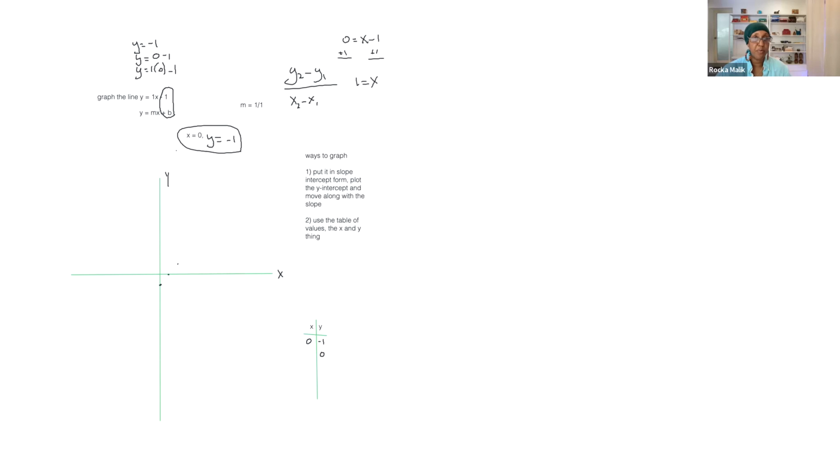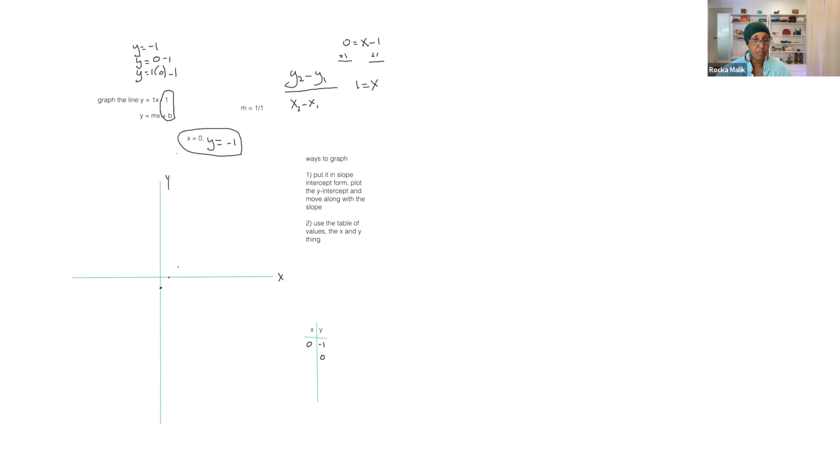So that can be another point. When X is 1, my Y was 0, which is this point right here. When X is 1, I didn't go anywhere up or down for the Y, so it's still on the line. I can get points this way.